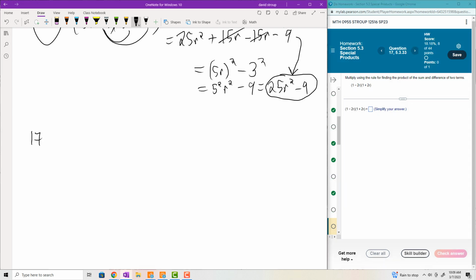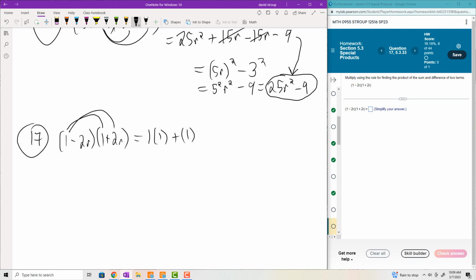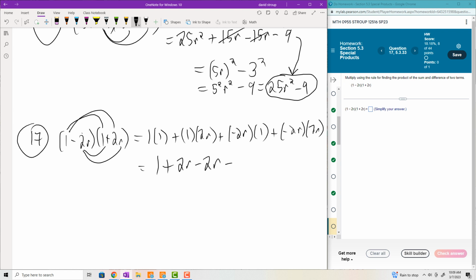Let's try 17. So we have 1 minus 2r times 1 plus 2r. So the first, 1 times 1, the outer 1 times 2r, the inner plus negative 2r times 1, and then the last plus negative 2r times 2r. 1 times 1 is 1, 1 times 2r is 2r, negative 2r times 1 is negative 2r, and then negative 2 times 2 is negative 4, r times r is r squared.